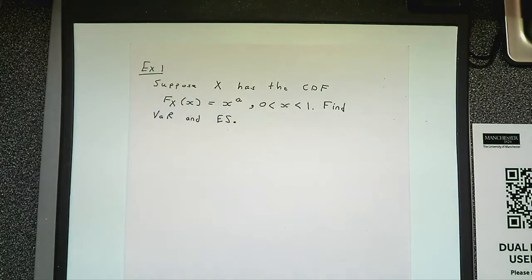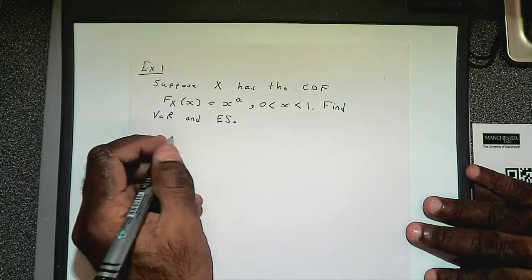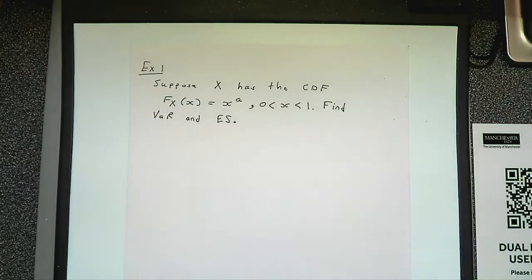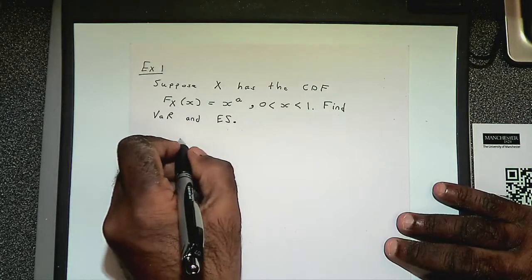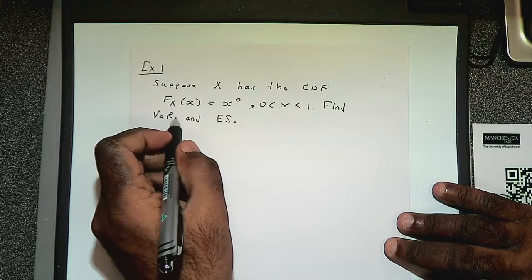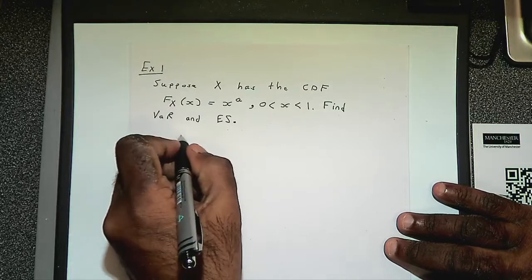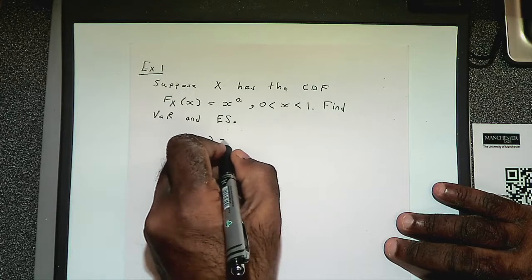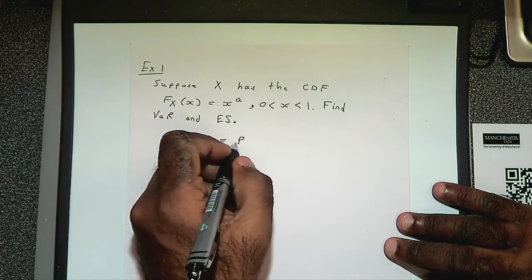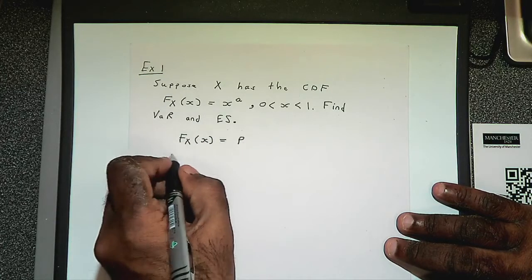Okay, guys. So in order to find the value at risk, you find the inverse function of the CDF. Basically, you set F(x) to p and solve for x in terms of p. I'm sure you know that.